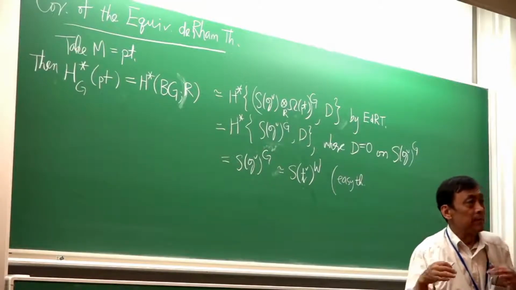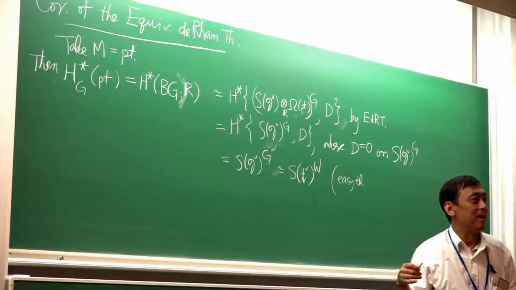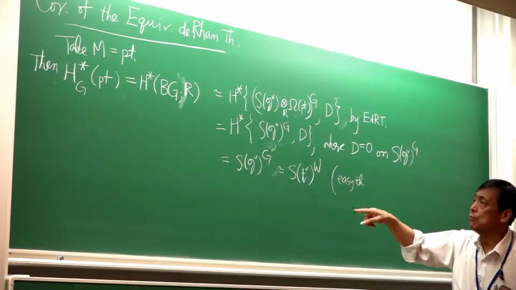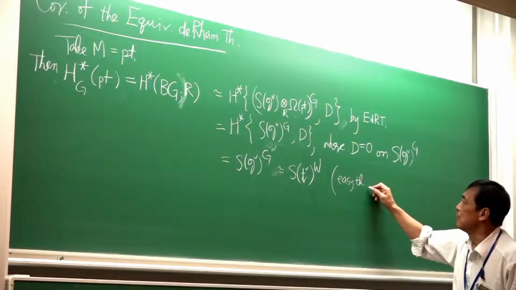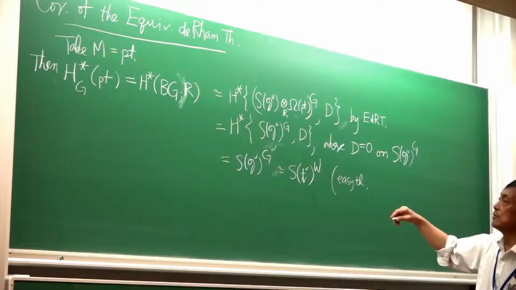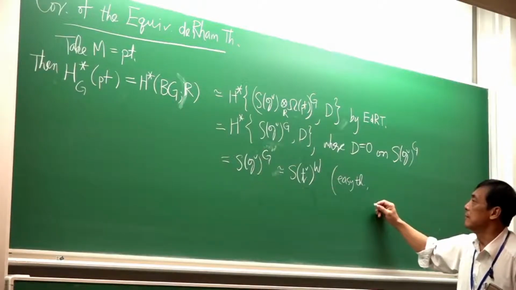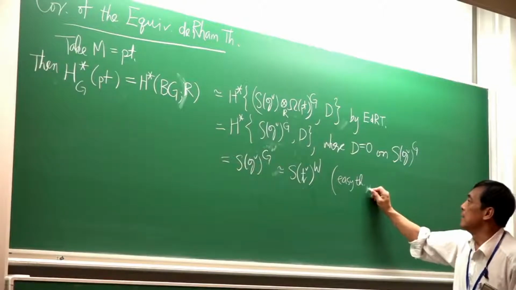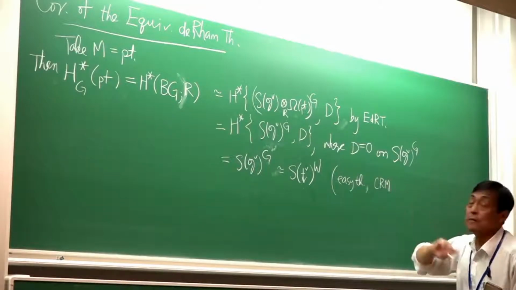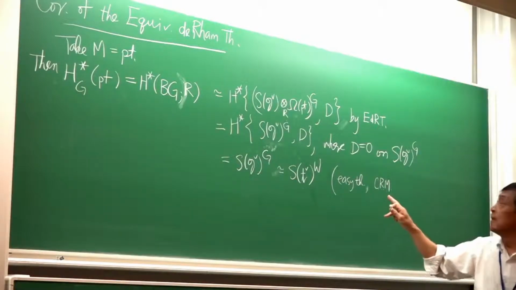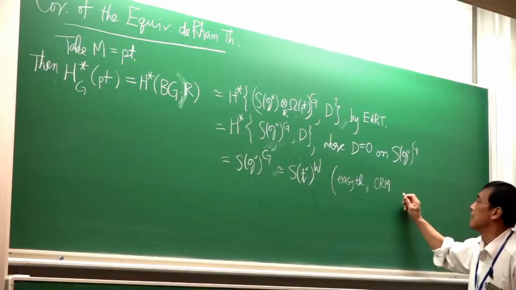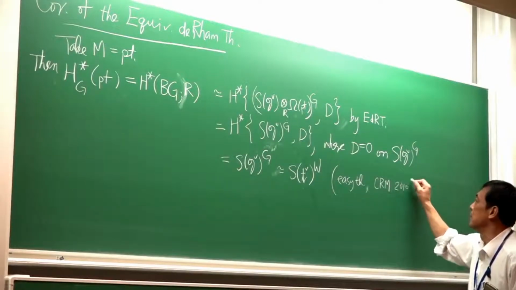Because it's an easy theorem, there isn't a name attached to it. But I wrote out a proof in one of my papers on computing characteristic numbers using fixed points. So you can find that in the CRM proceedings. That's the Centre de Recherches Mathématiques in Montreal. And I think it was 2010.